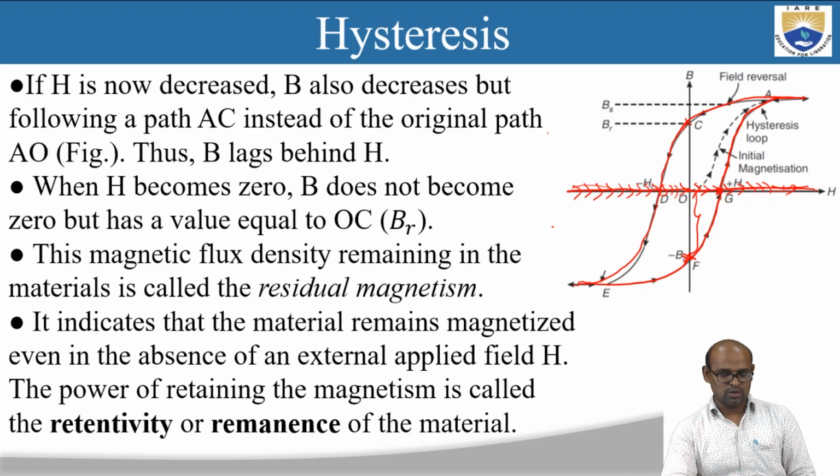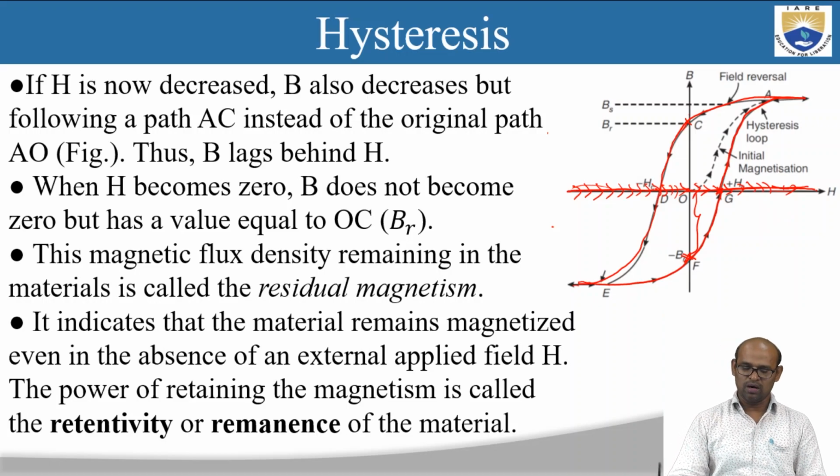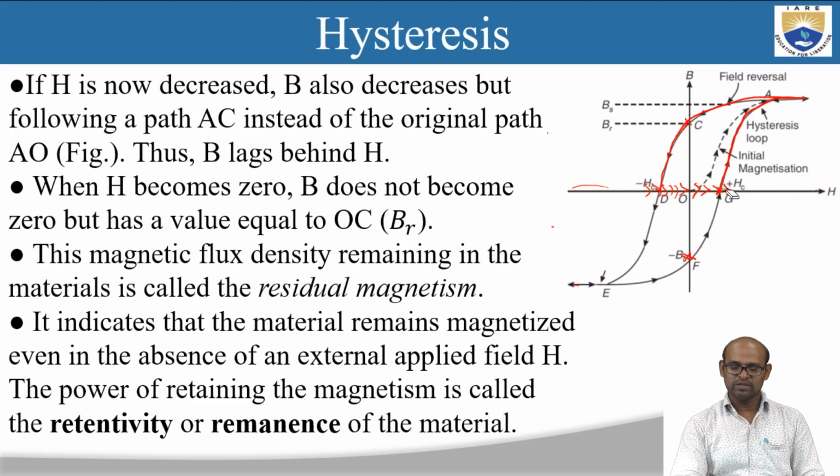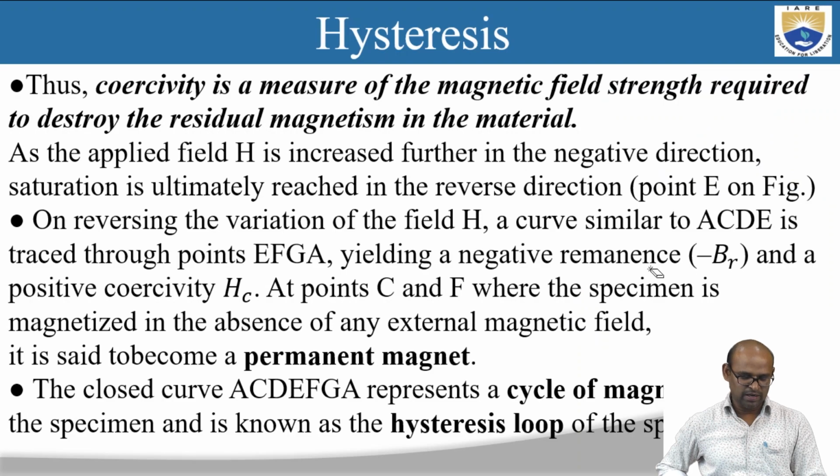So the closed loop of variation of magnetic field induction with applied magnetic field is called the BH loop or hysteresis curve. At these two points, you can use this material as a permanent magnet.